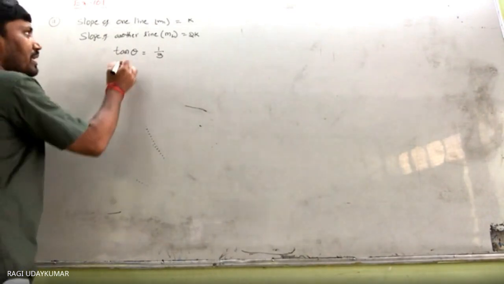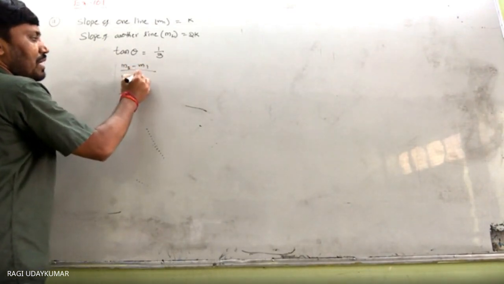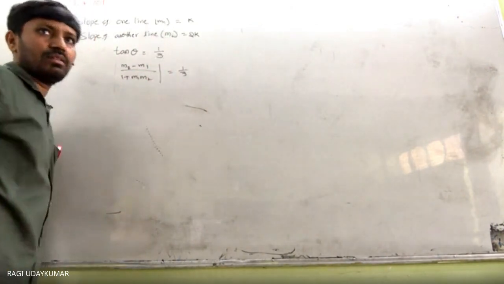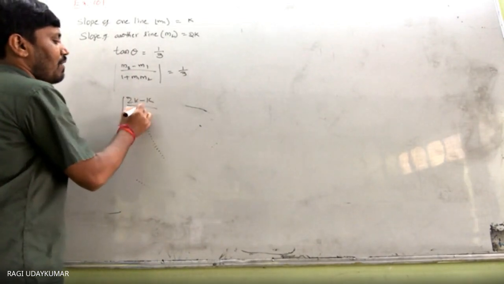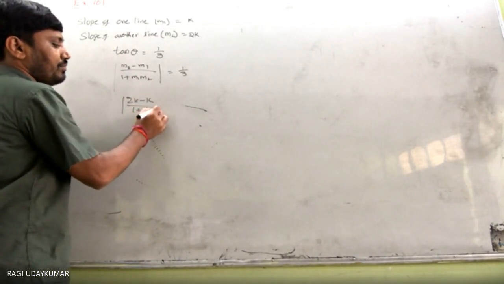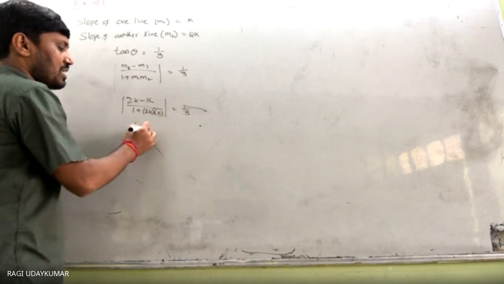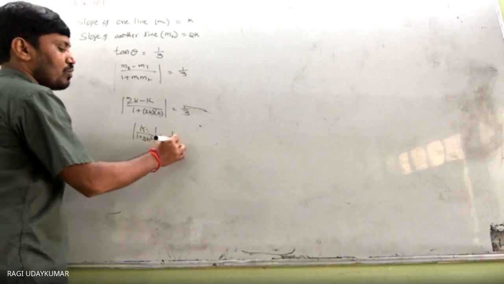So what are you going to get here? Modulus of (m2 - m1)/(1 + m1 m2) is equal to 1/3. So modulus of (2k - k)/(1 + 2k·k) is equal to 1/3. Modulus of k/(1 + 2k²) is equal to 1/3.